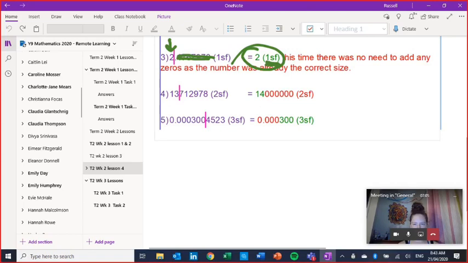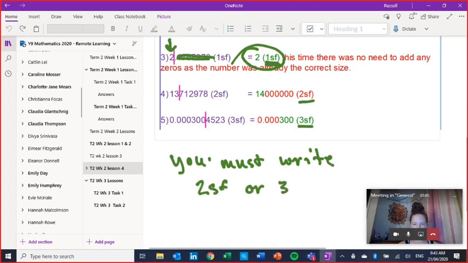Okay? You do need, however, to tell me the significant figures you rounded to. So you have to write 2 significant figures or 3 significant figures to tell how you rounded.